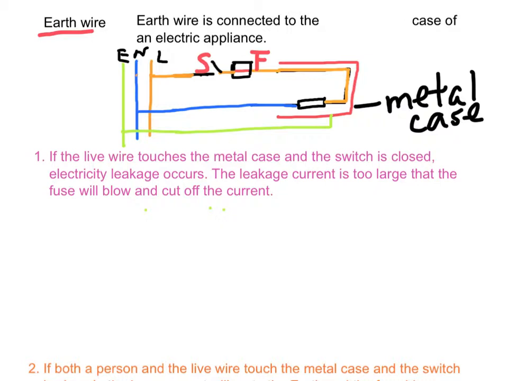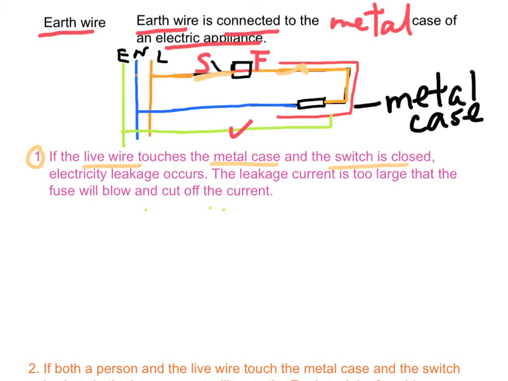Earth wire. The earth wire is connected to the metal case of an electric appliance. There are 2 reasons. First, if the live wire accidentally touches the metal case and the switch is closed, then electricity leakage occurs, 漏電.